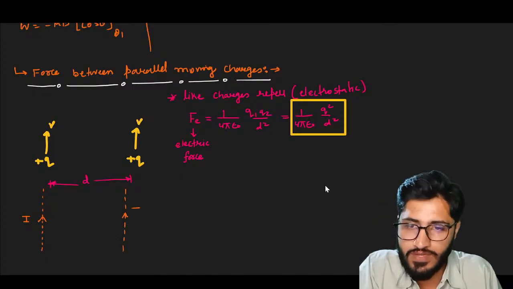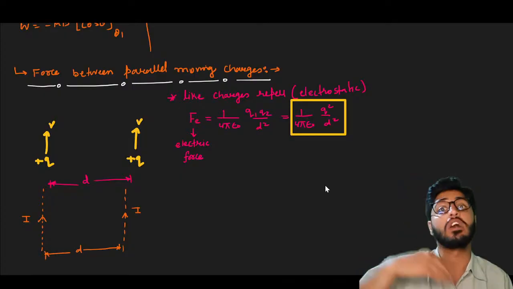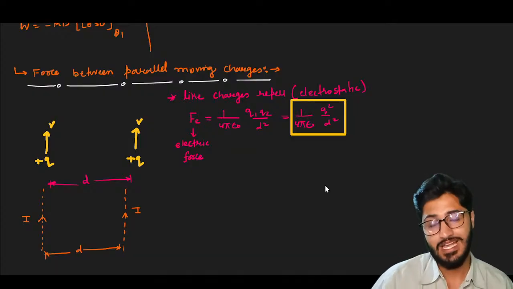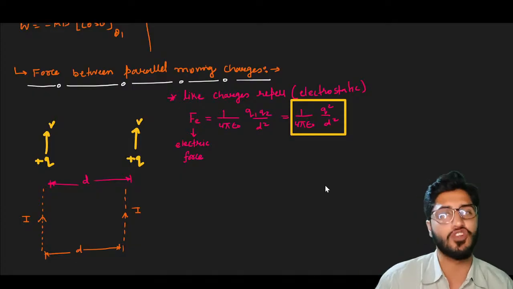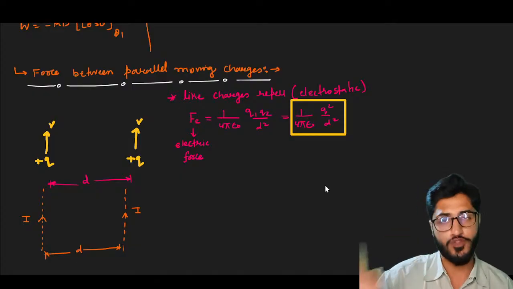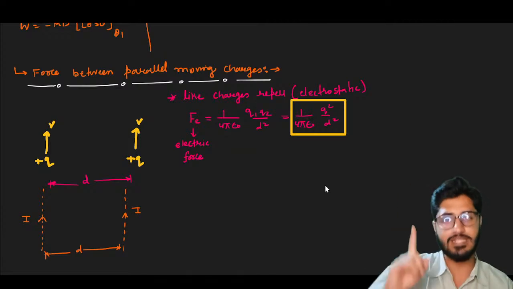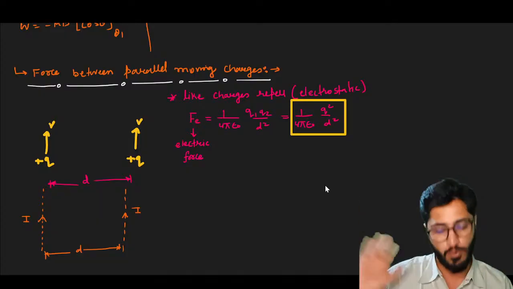Right? Why, sir? Because flow of charge is current and direction of current is along the positive direction of the particles. Positive particles are going above, so you can call it current is going also above.